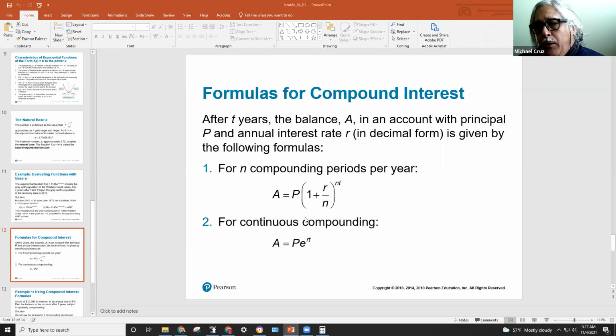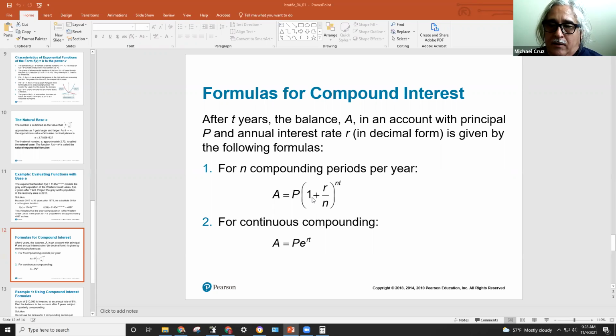Depending on how many periods you compound per year, usually they'll compound quarterly, like 4 times a year. And then the t just stands for the amount of time the balance is in the bank.